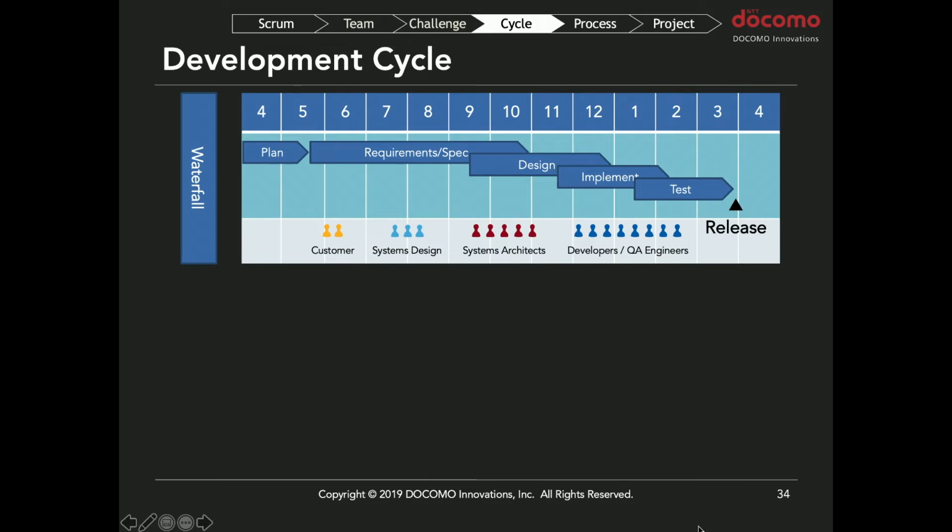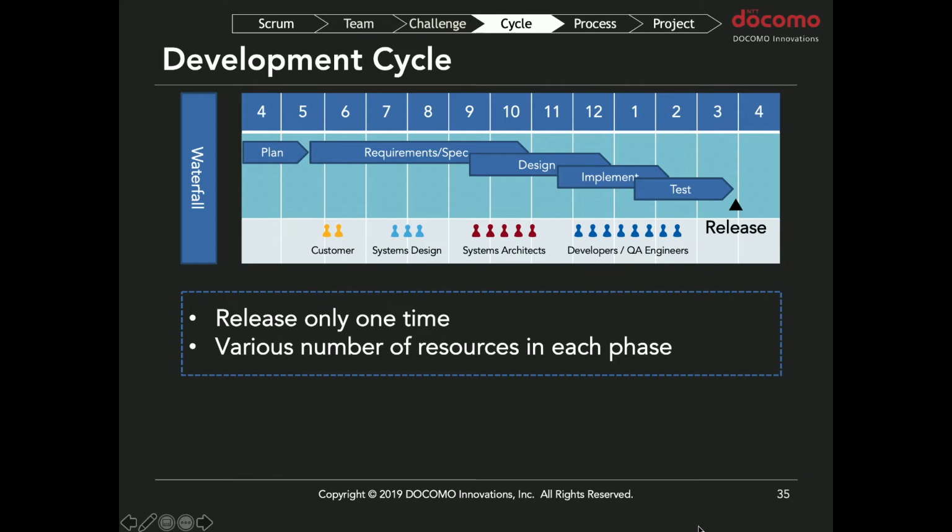So we need to move on to a contract for the long term. But on the other hand, there's only one release, and various numbers of resources are needed in each phase.